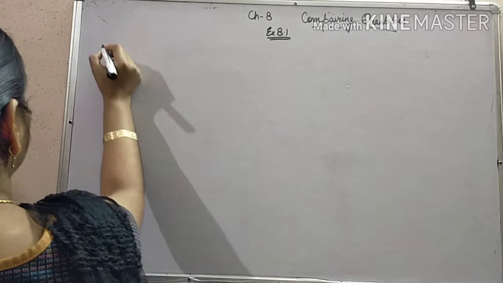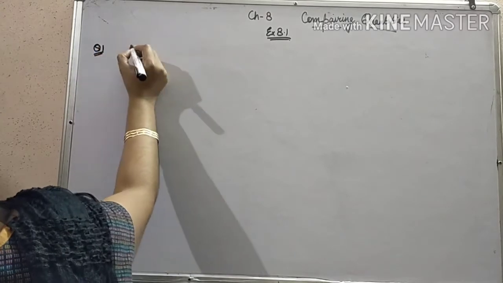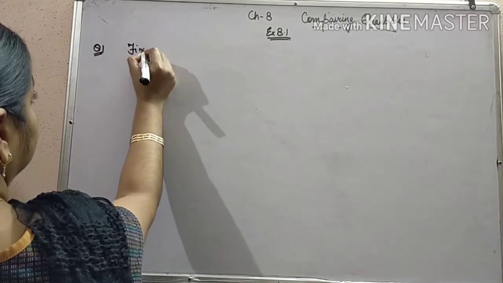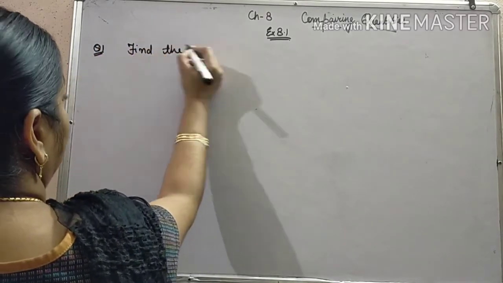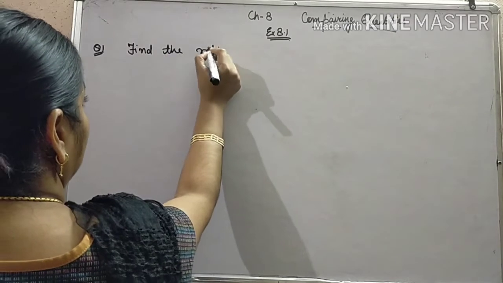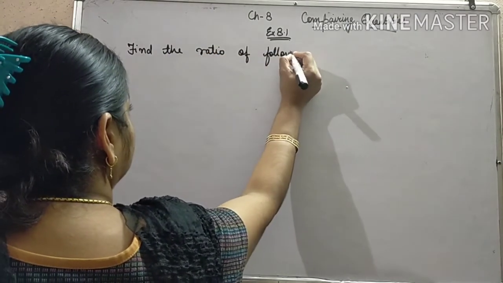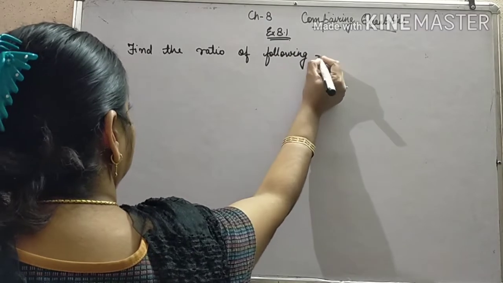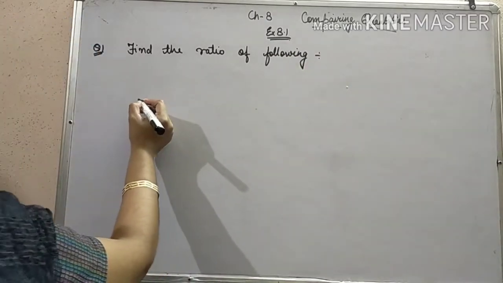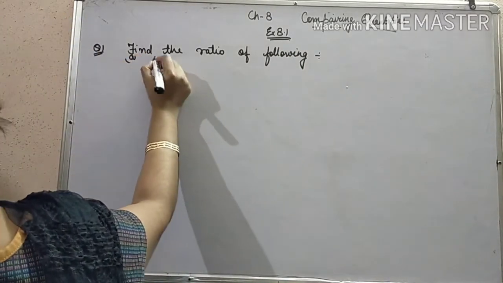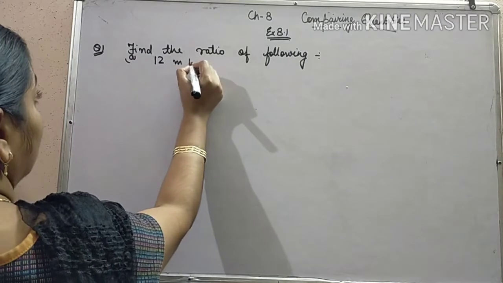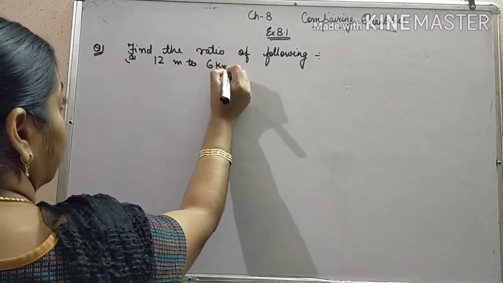The very first question: find the ratio of the following. Number 1, 12 meter to 6 kilometer.